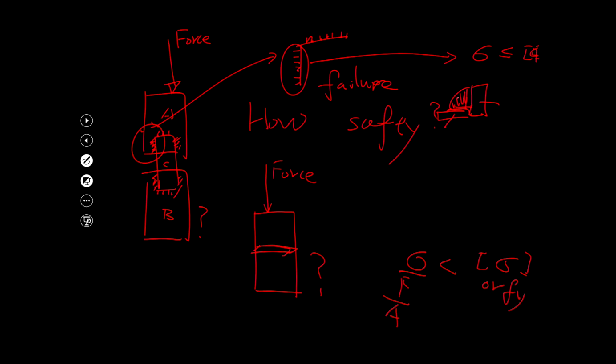So the force is here and the cross section area is here. So we can get the sigma and compare it with the working strength of the material. Clear? This is the basic logic to check the strength of the connection. Clear? This is for welding connection.